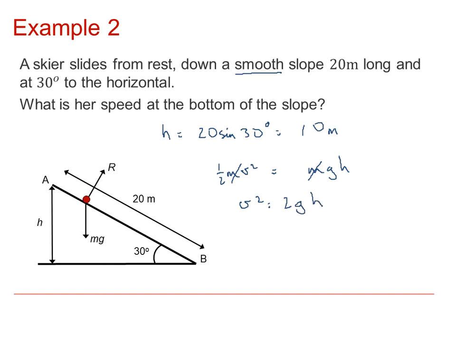If we substitute the values into that, we get that v squared is equal to 20 multiplied by g, which is 196, and therefore v is the square root of 196, which is 14 meters per second. So at the bottom of the slope, the skier is moving at 14 meters per second.